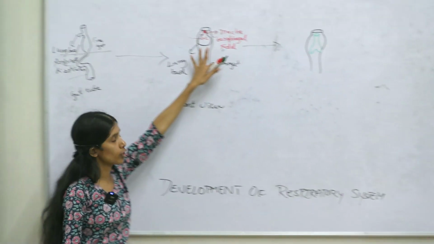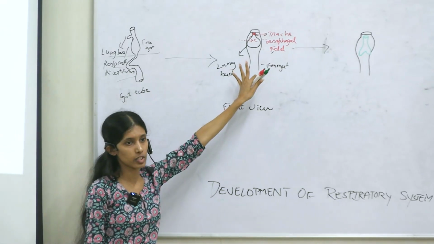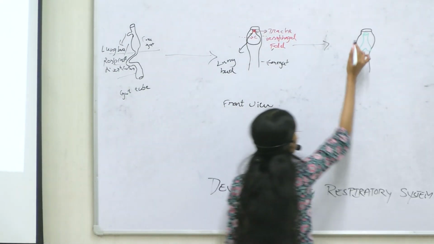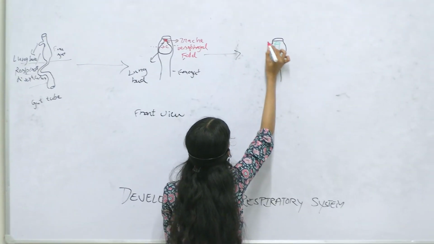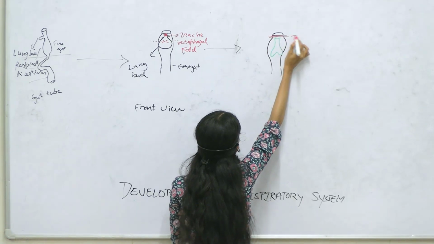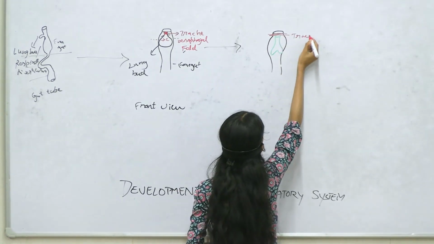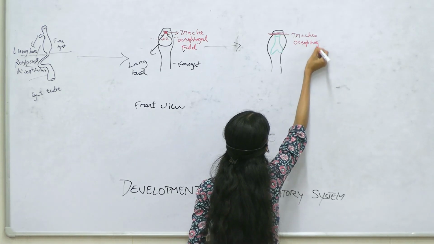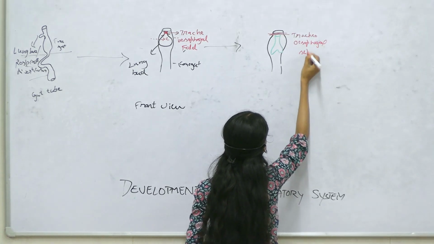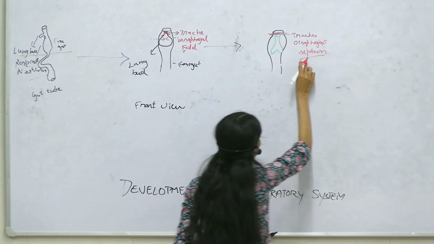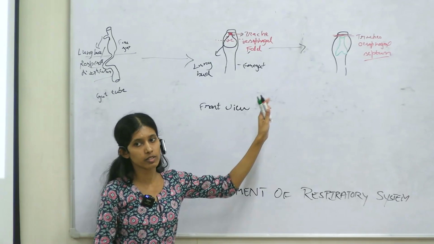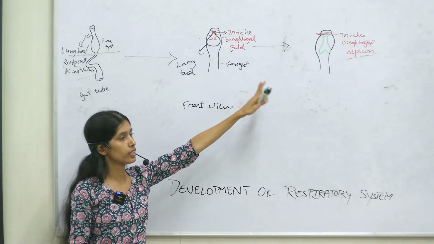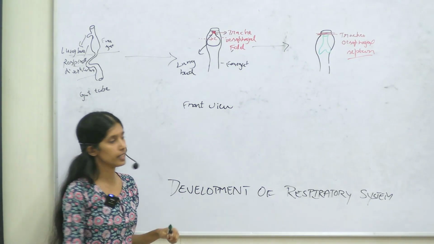The point where your tracheo-esophageal folds are meeting will form a structure called the tracheo-esophageal septum. And this septum divides or separates your foregut and your respiratory diverticulum.